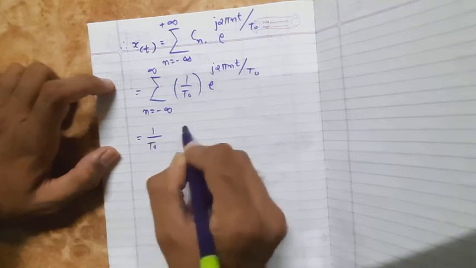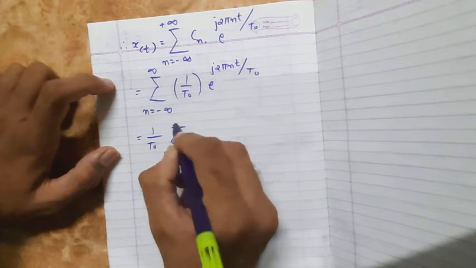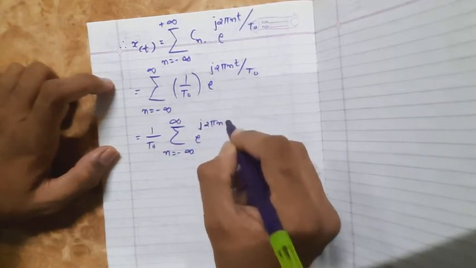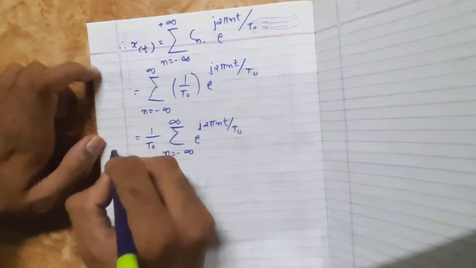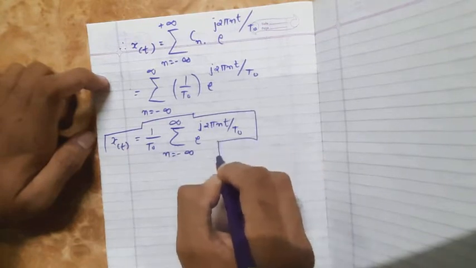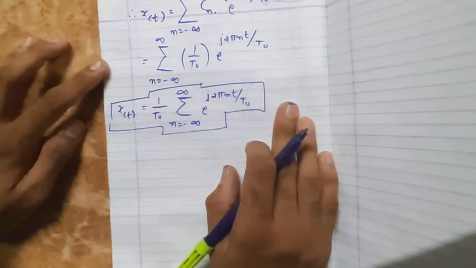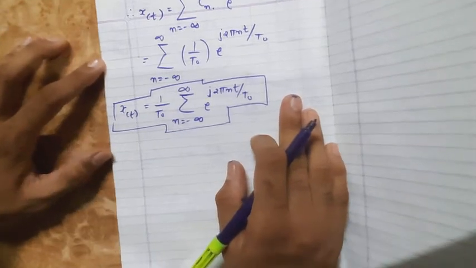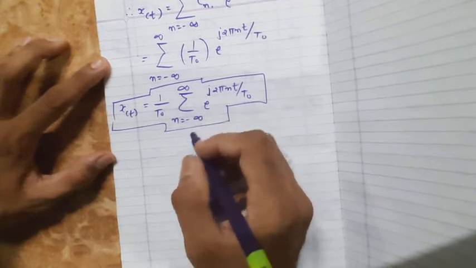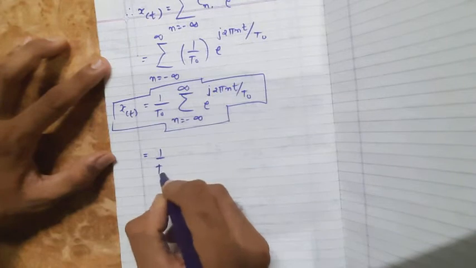So 1 upon T0 sigma, n goes from negative infinity to positive infinity, e to the j 2 pi n t by T0, and this is your final expression for x of t. You can also open this sigma notation, or leave it as it is.